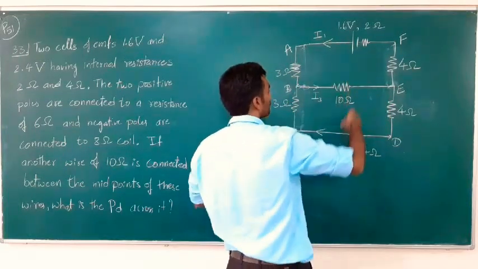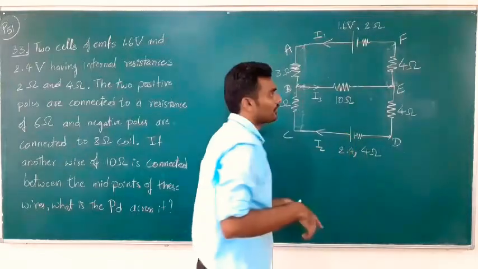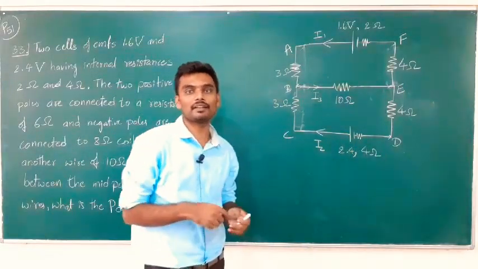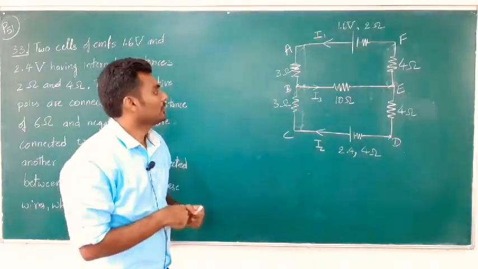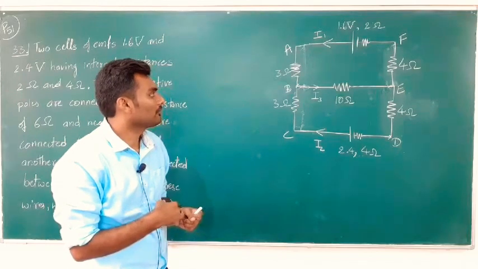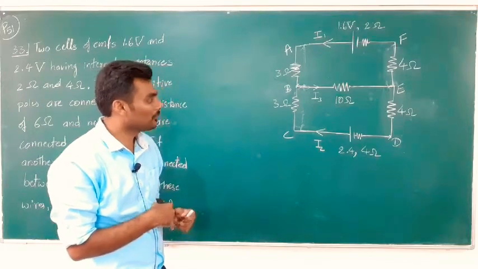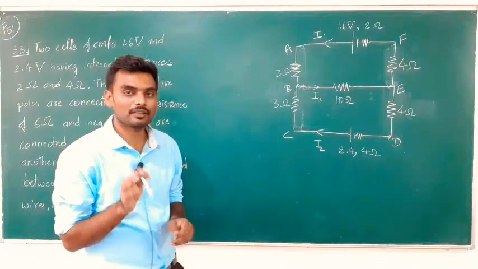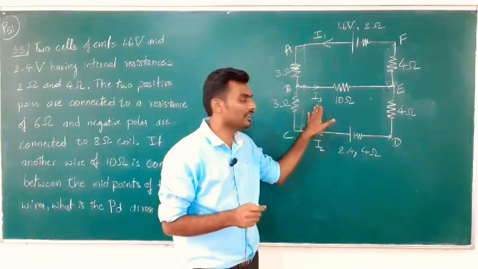Okay, this is not a simple circuit, instead it's a complex circuit which involves both cell and resistor. So it's the KVL which will help us in getting I3. Okay, clear with what we need? What we need is I3.